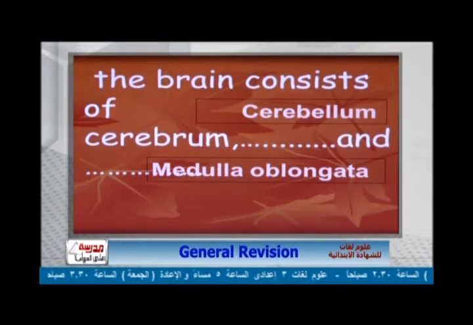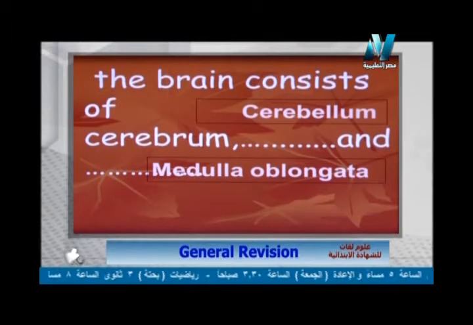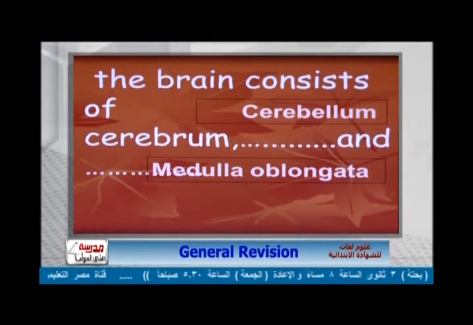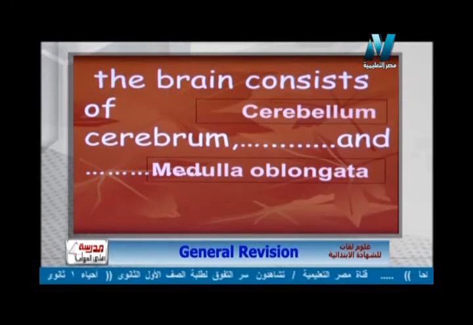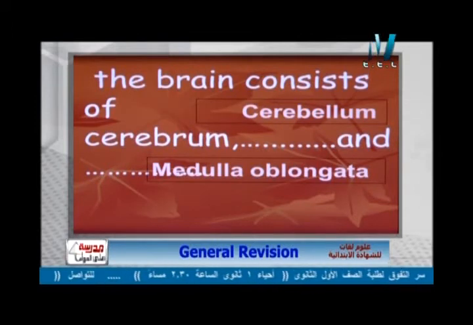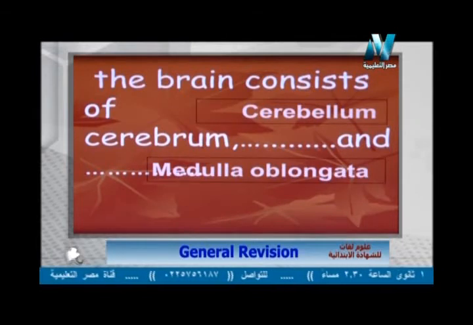يبقى cerebrum أو المخ أو النصفان الكرويان زي ما سميناهم two cerebral hemispheres مسؤولين عن 3 وظائف في الإنسان. Number 1, voluntary actions or voluntary processes, أفعال إرادية. Number 2, sense organs, أعضاء الحواس, such as hearing, tasting, touching, and so on. And also it is responsible for thinking and memory, التفكير والذاكرة.